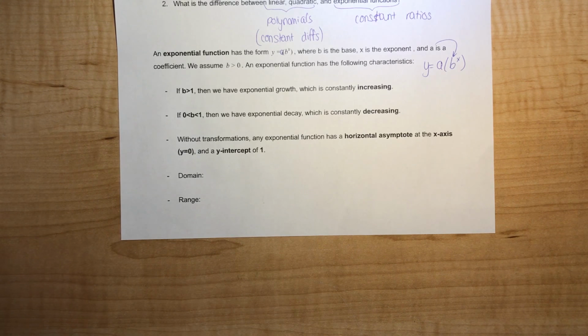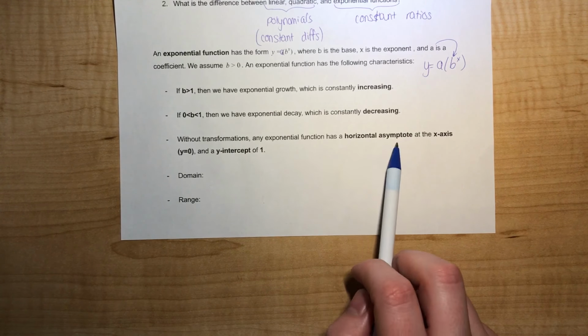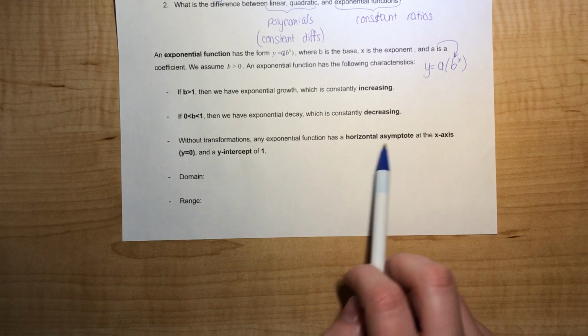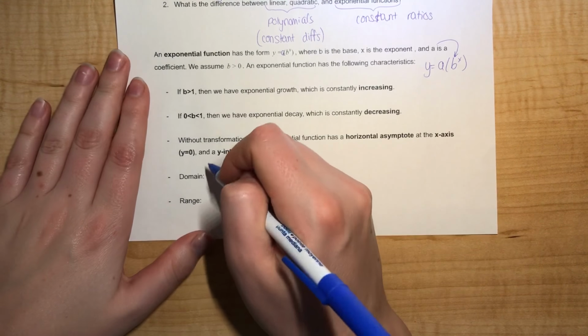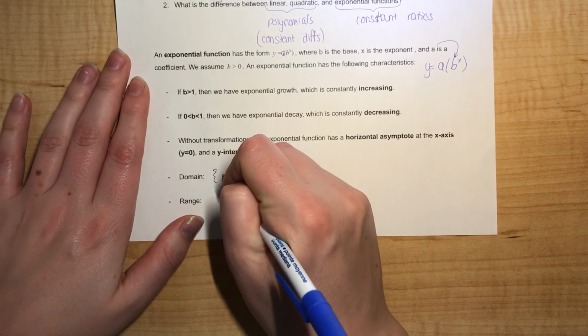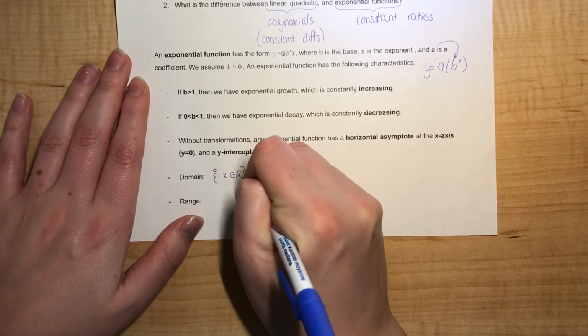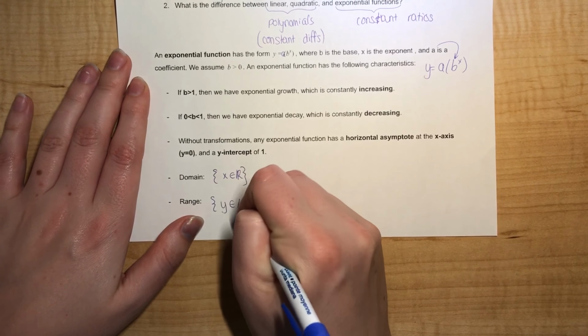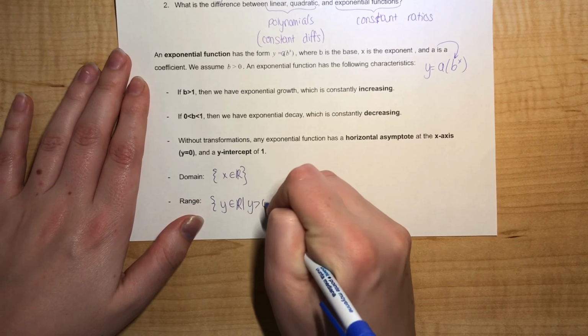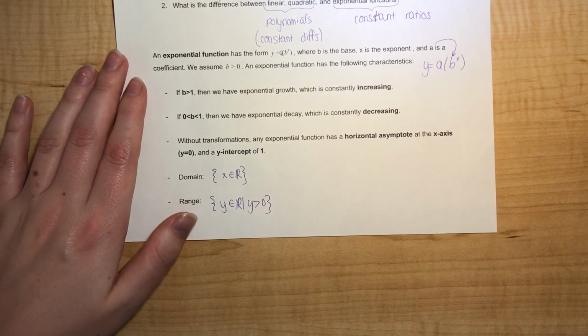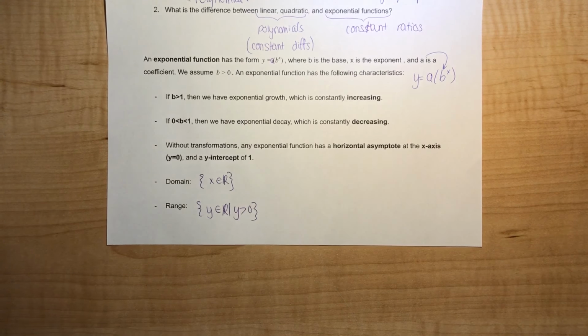And then without any transformations, we've always got a horizontal asymptote at your x-axis and a y-intercept of 1. And then we set our domain and range before. Domain was all real x, and range was y such that y is greater than 0. All right, and that's about it for exponential function properties.